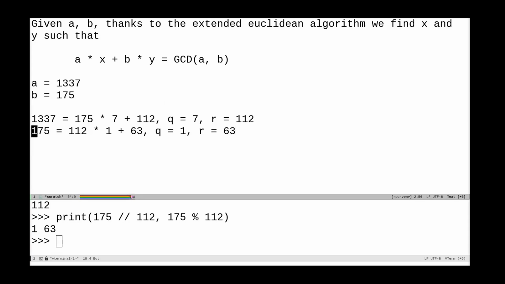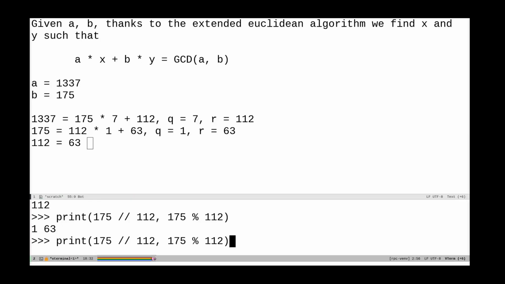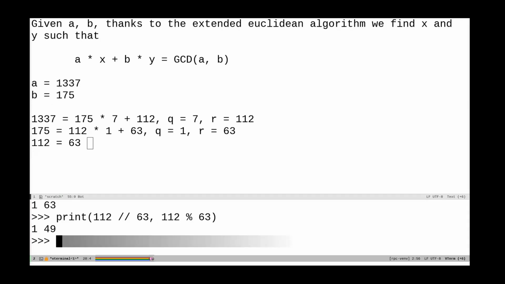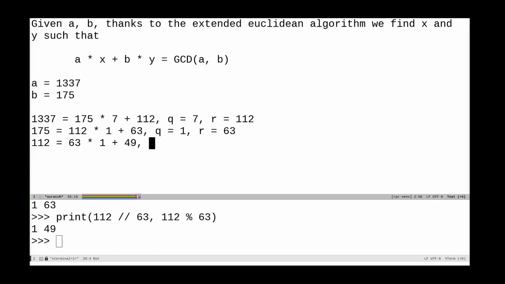And you repeat. You take the previous divisor, and now you divide it by the previous remainder. So 112 divided by 63 gives a quotient of 1 and a remainder of 49.